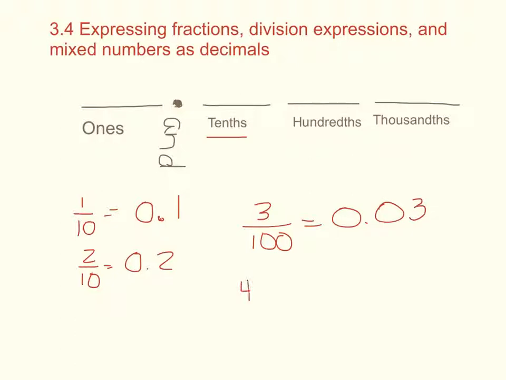If I had 42/100, it would be no ones, 4/10, and 2/100. Or we say that just 42/100, because we always say the last place value that we end in. So in this case, 42/100, this case 3/100, this one's 2/10, this one's 1/10.